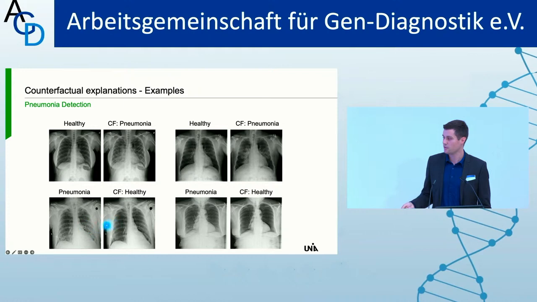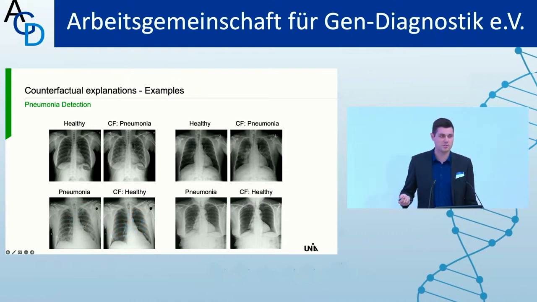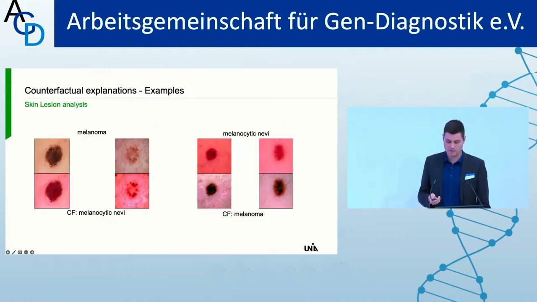Here, it's very clear that the lung looks clearer than before. Before it was only some green dots in this region, which couldn't tell you much about what the decision was about.